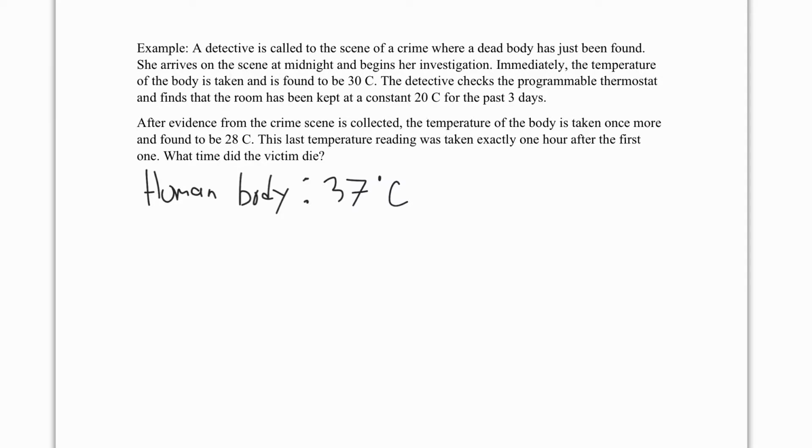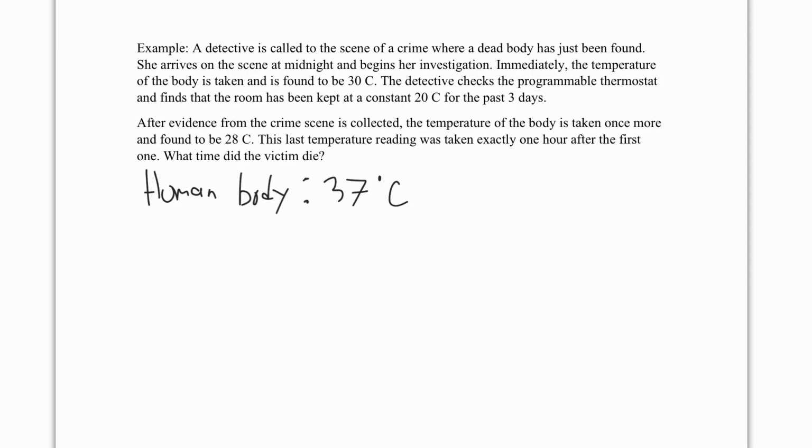And so we know that some time has elapsed because the body is now 30 Celsius, and we should be able to figure out the rate of this decrease in temperature because we know the room temperature is 20, and we know later it was 28. So maybe we could create an equation and work backwards, not forwards to figure out when the body will cool completely, but work backwards to figure out when the body was 37 degrees Celsius.